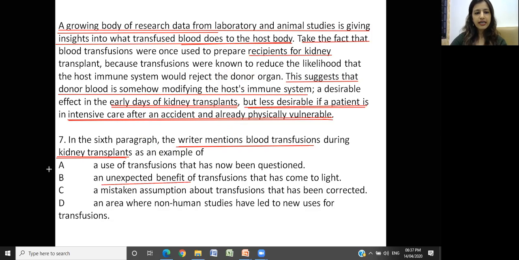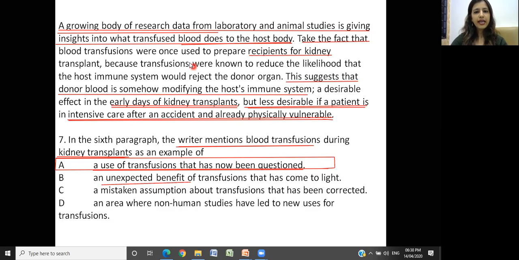So A is the correct answer. A: a use of transfusions that has now been questioned. We used transfusions once to suppress the host immune system or to reduce the rejections, but now it is being questioned. So A is the correct answer here.